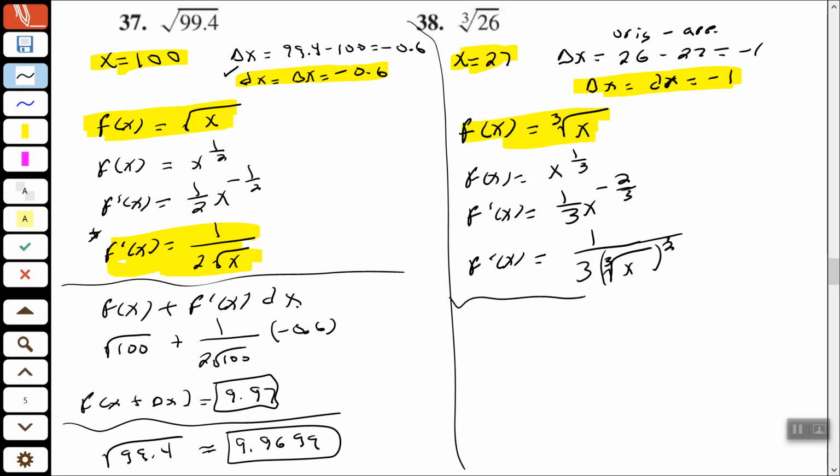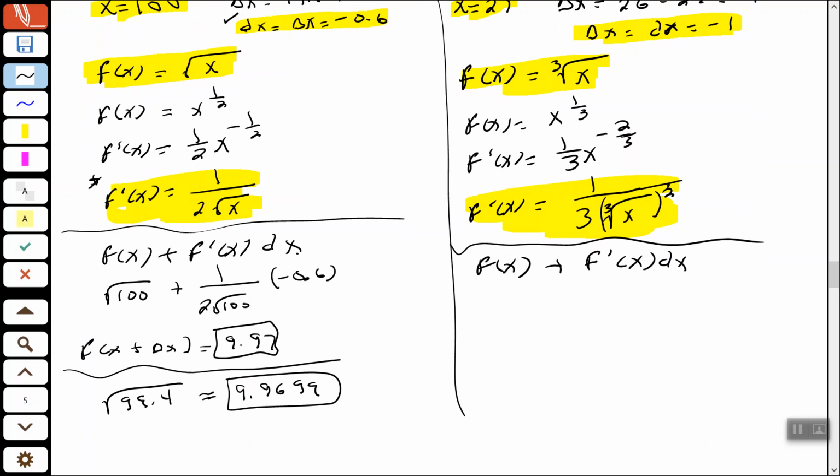Alrighty. So we have all the pieces that we need now to use f of x plus f prime of x dx to make this approximation of f of x plus delta x.